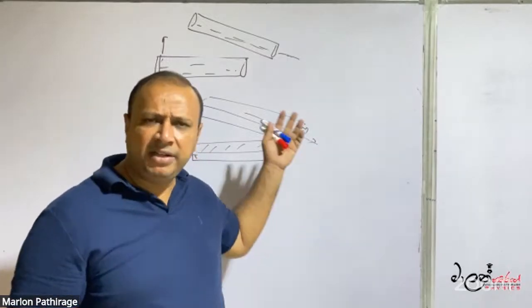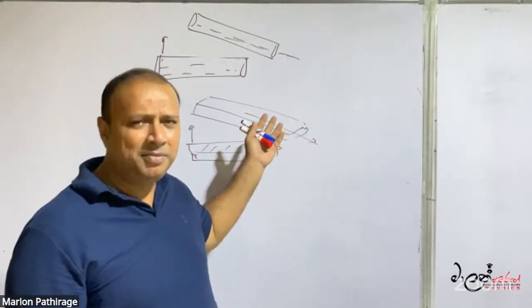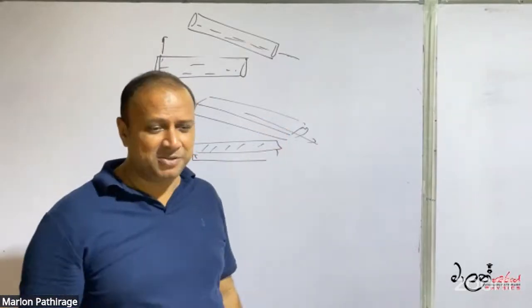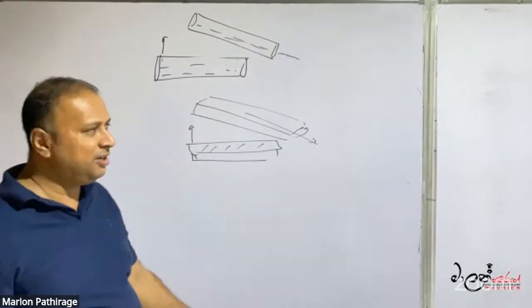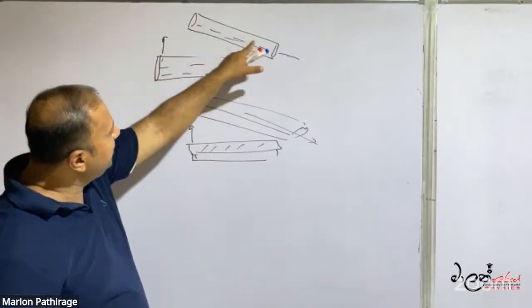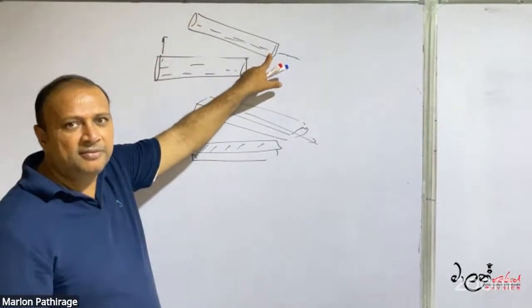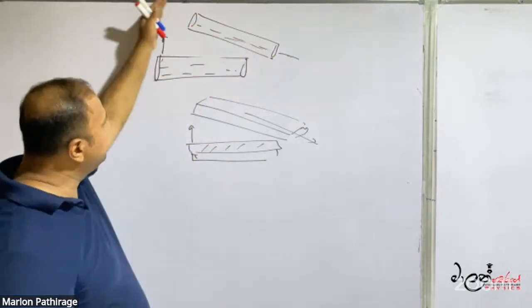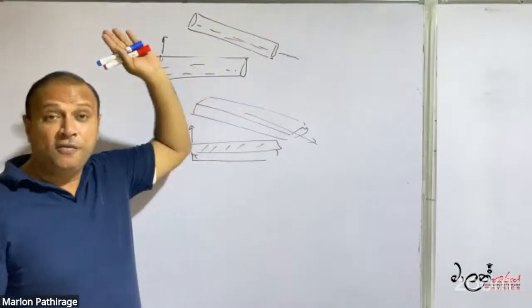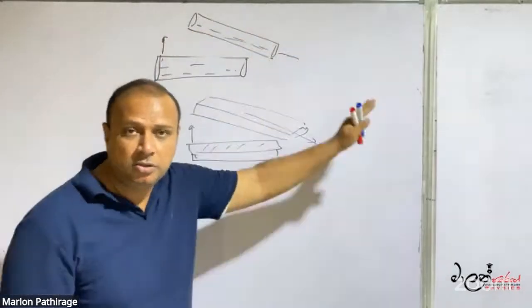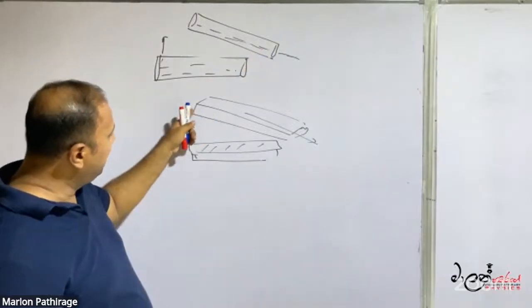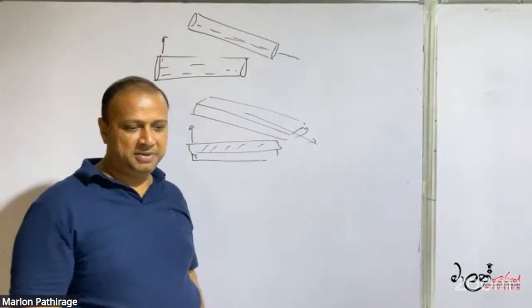What have I done here? I have applied a pressure difference. The pressure between this point and this point varies due to this pressure difference. Due to this pressure difference, there is a flow from the high pressure point to the low pressure point.